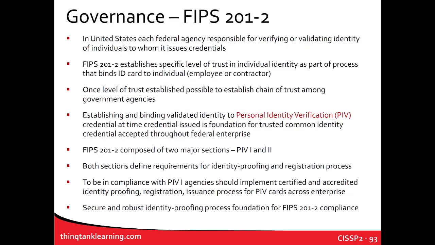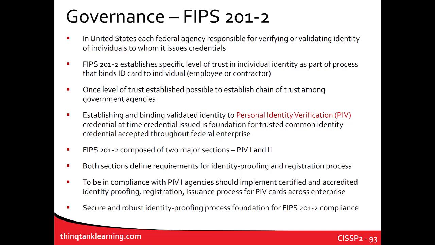All right. Now, you will probably be asked about governance, right? We talked a lot about governance in Domain 1, a little bit in Domain 2, right? Governance comes in a lot of different forms, but FIPS 201-2, which is the Federal Standard for Identity Assurance, says every federal agency is responsible for verifying and validating the identity of individuals and their credentials.